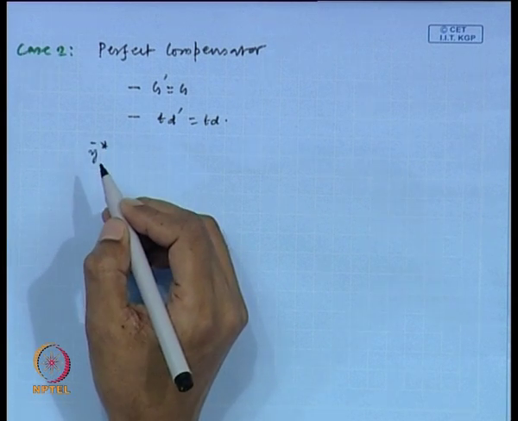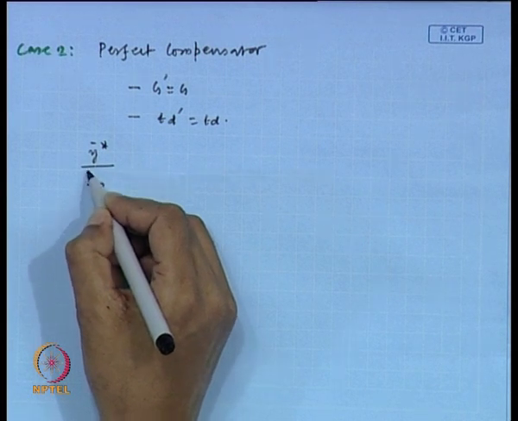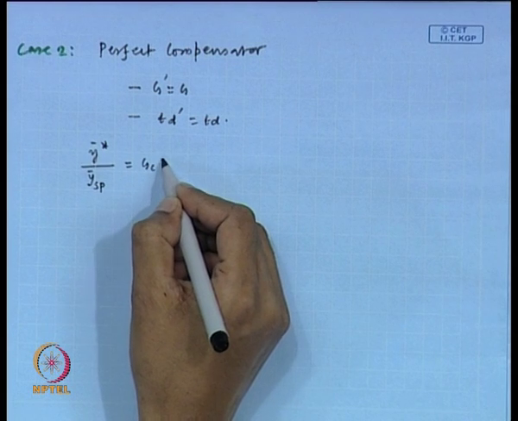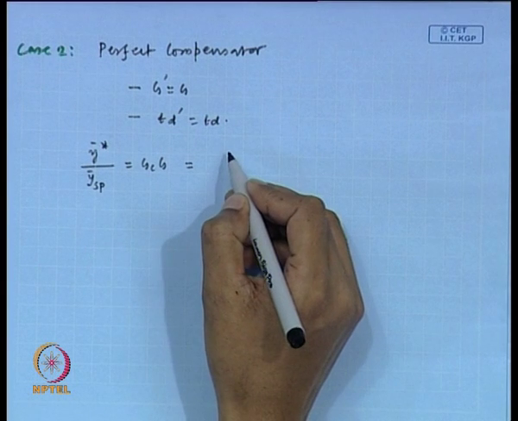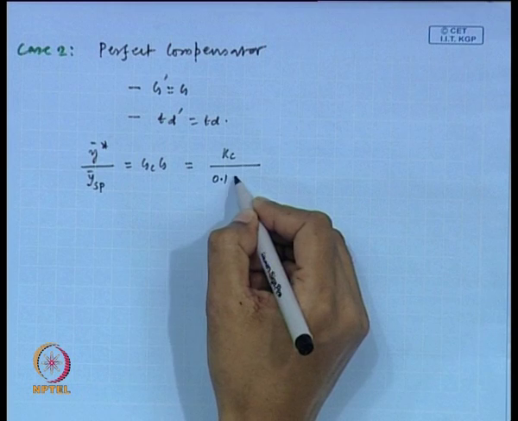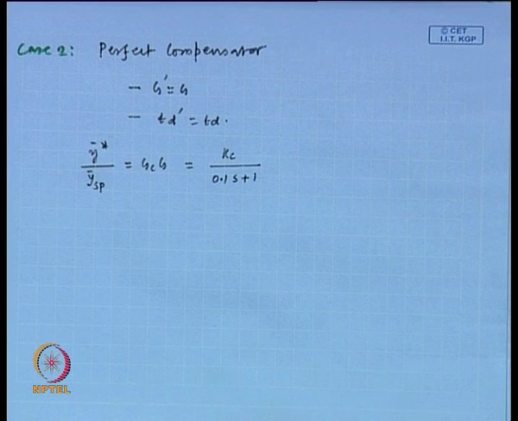For the case of perfect compensation, y star by y set point is equal to Gc z. I mean there will not be any dead time part. So, how much is this one? Kc divided by 0.1 s plus 1, agree?